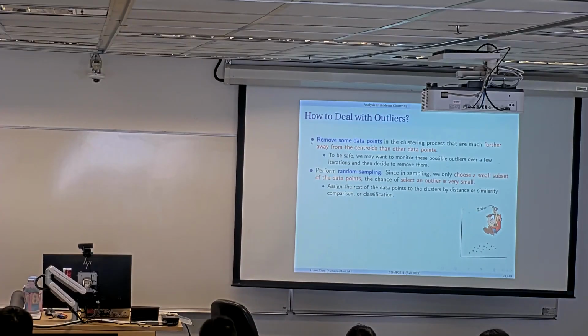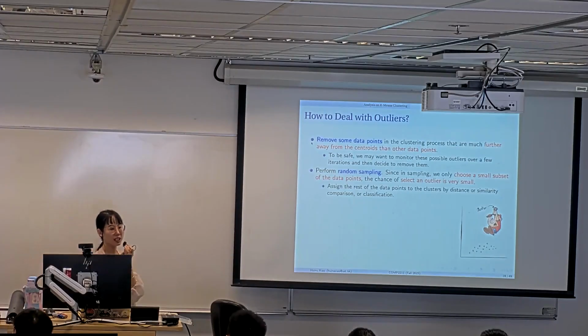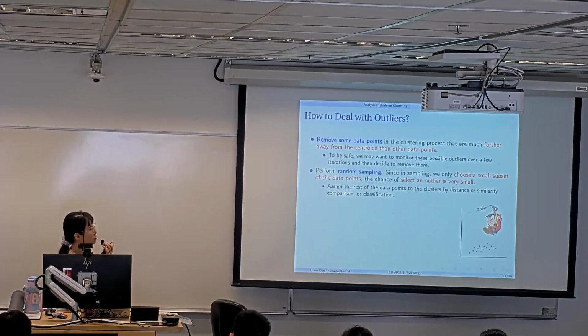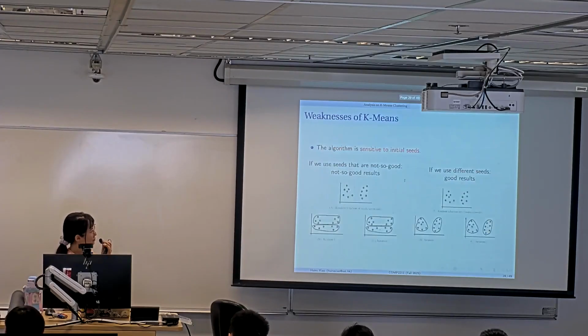You can assign the rest of the data points to clusters by distance, similarity comparison, or classification, because after you train on the small training data, you already have the clustering results and the centroids. You can assign the remaining data according to their distances to the centroids. So this is how to deal with outliers.